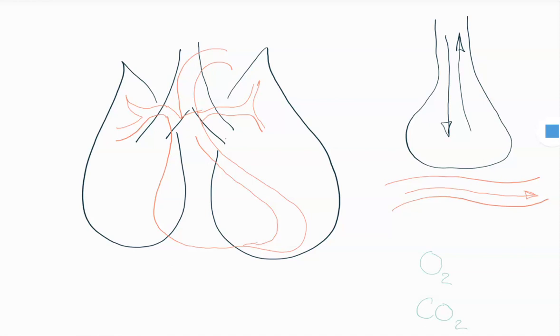However, if ventilation is normal, but the blood flow through the lung is decreased, this has a much less effect on CO2 concentrations in the blood, and that's really because of the high solubility of CO2.